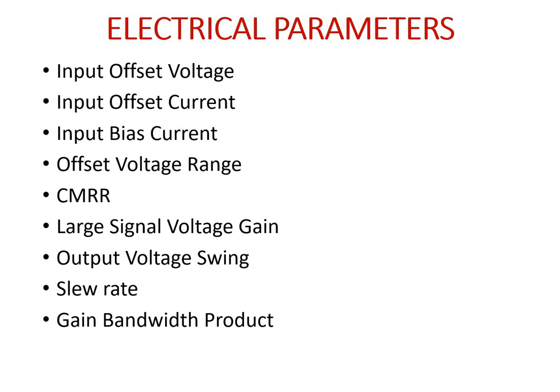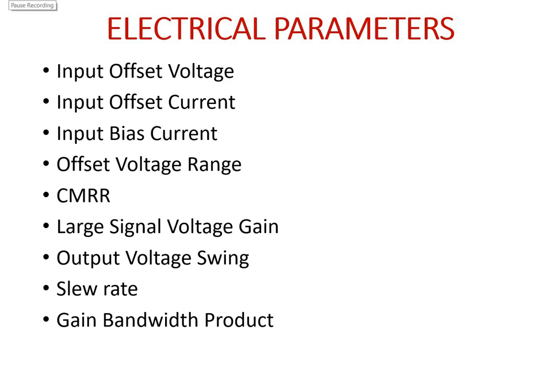Slew rate is the maximum rate of change of output voltage per unit time and is measured in volt per microsecond. It shows how quickly the output of the operational amplifier can change with the change in input frequency. Ideally, it must be infinite.